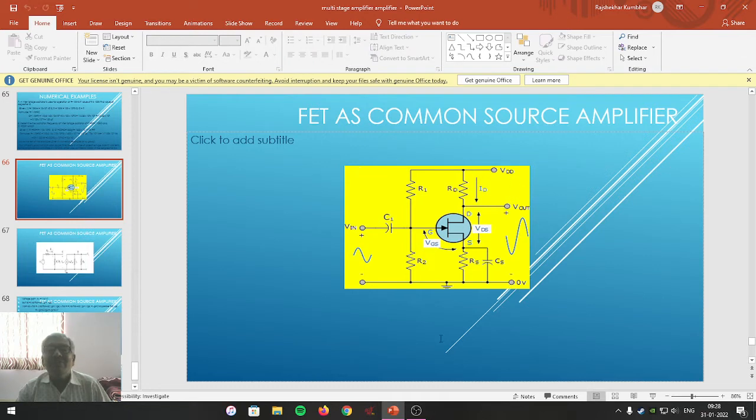In this particular way, the FET is going to act as an amplifier provided its source is common for input as well as output.